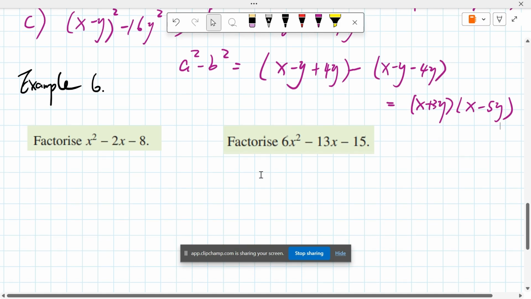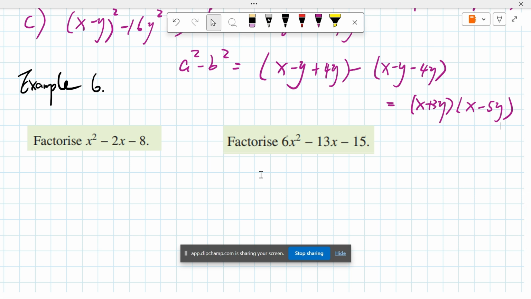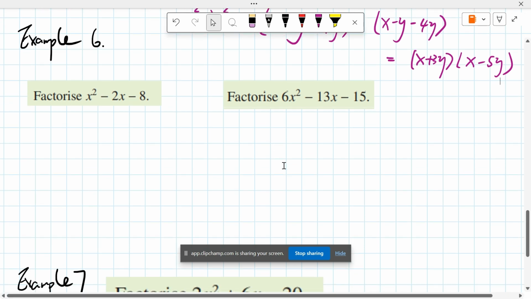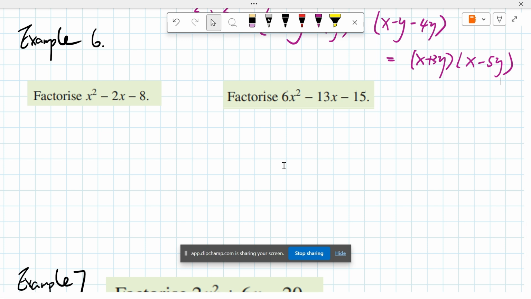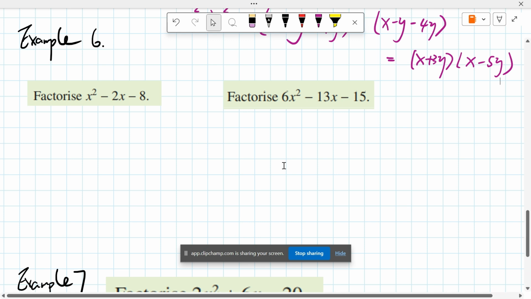Alright, now we're going to do factorizing quadratic polynomials. This one is going to be a little bit trickier, but that's fun. We can go through that question. First thing first, we're using something called cross product.